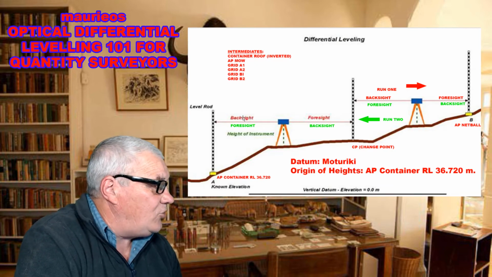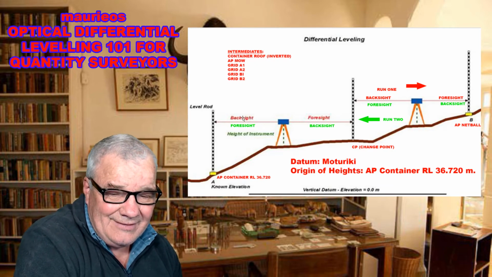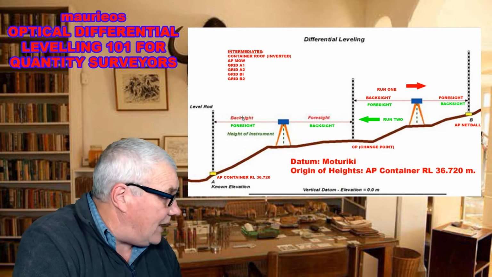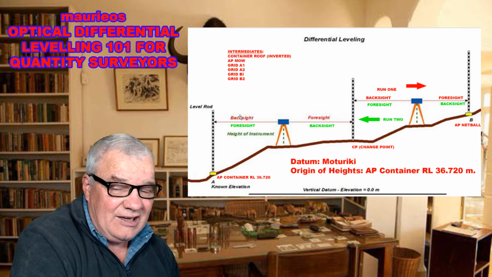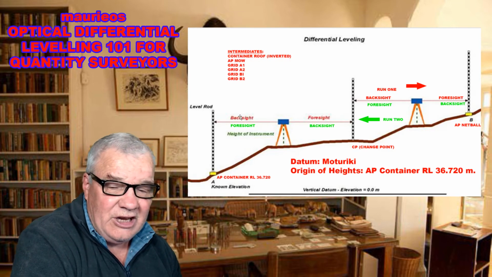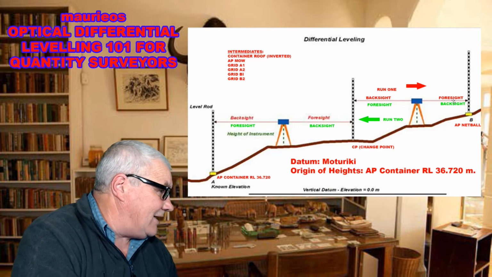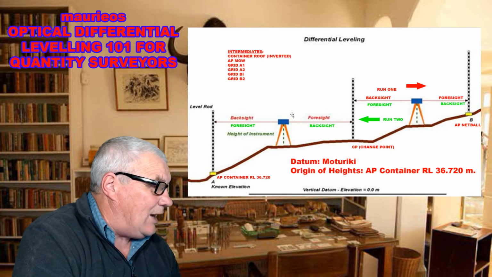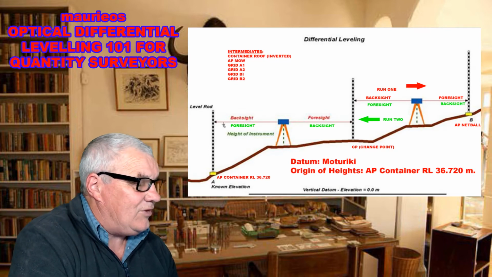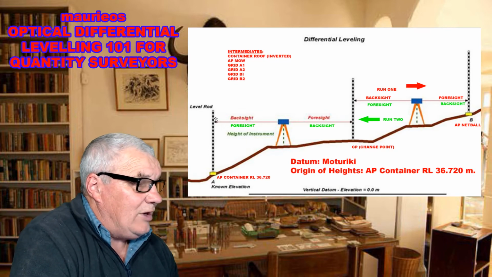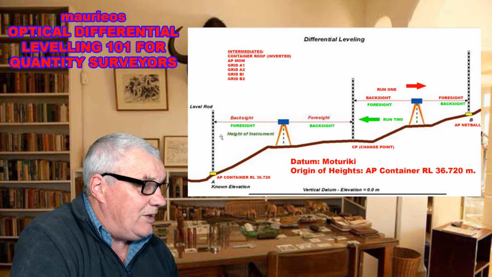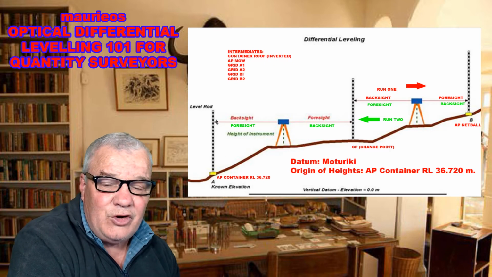Now we're going to do a double run. So we're going to go out and back, and that's our check. We're going to hit every mark twice. I've got the red run going out that way, or run 1, and the green run coming back this way. So we're going to do a backsight to AP container. That's going to be our first reading.